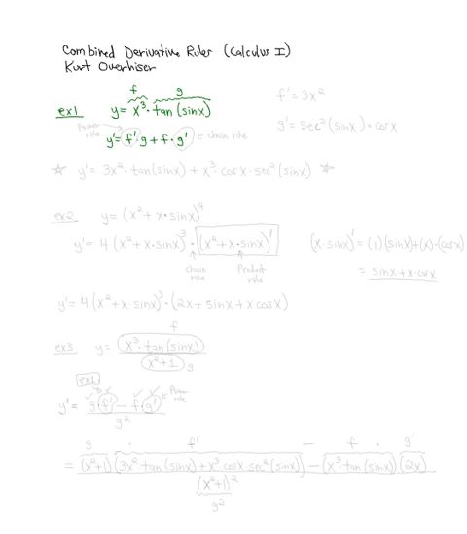Now, out of these four things, f prime, g, f, and g prime, the derivative of f is 3x squared by the power rule. G we just copy and paste. F we copy and paste. And then g prime, this part right here, is where we're going to have to use the chain rule. And f prime is where we use the power rule.